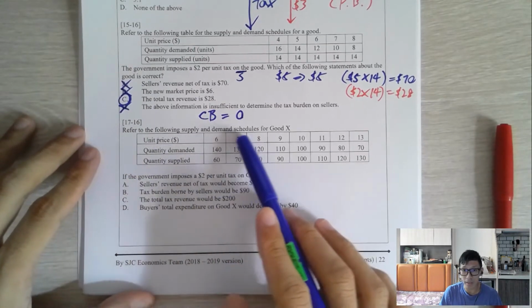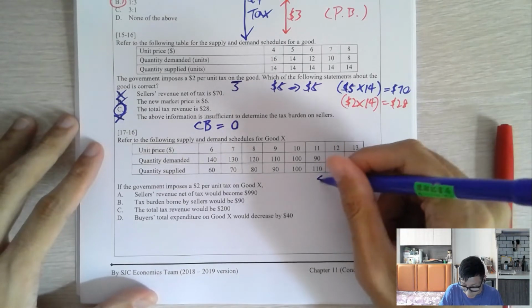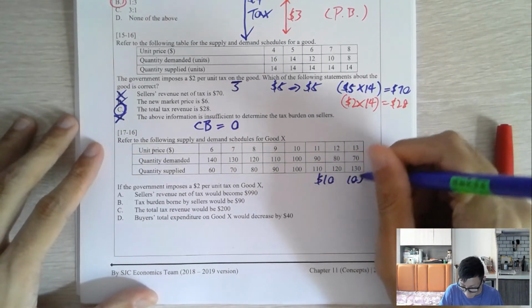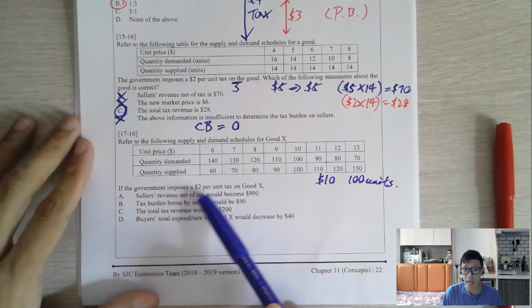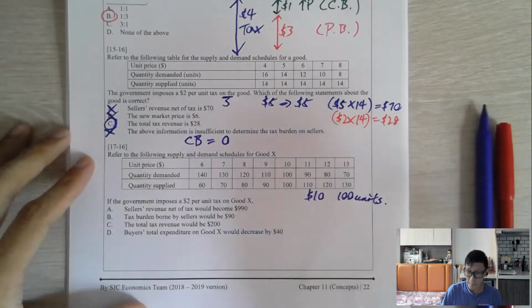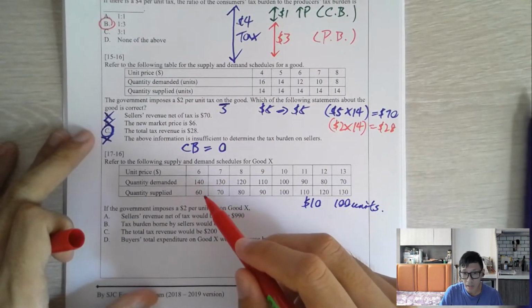Now referring to the following demand and supply. Okay, now let's mark it down. Originally would be $10, 100 units. Now the government imposed a $2 per unit tax. So let's change the QS. $6, 60 unit.